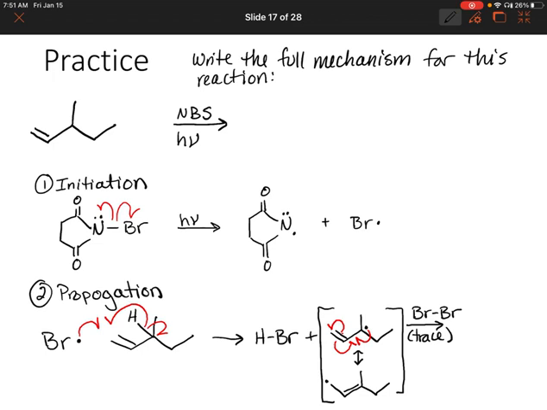Now I'm going to use blue arrows to show this next step. The radical is going to form a bond with one of the bromine atoms. So Br2 is homolytically cleaving, and one electron will get left behind on the other bromine atom.